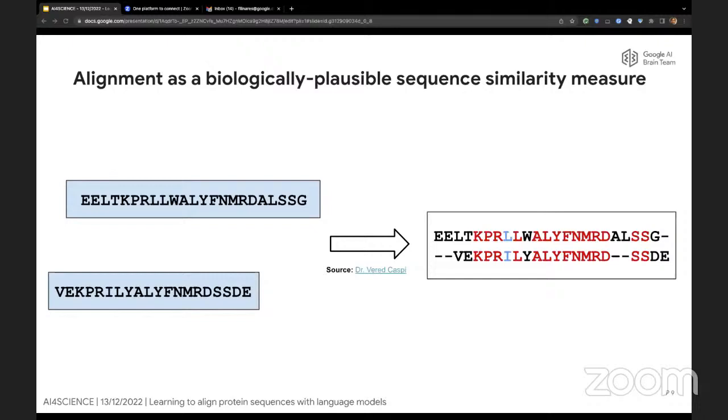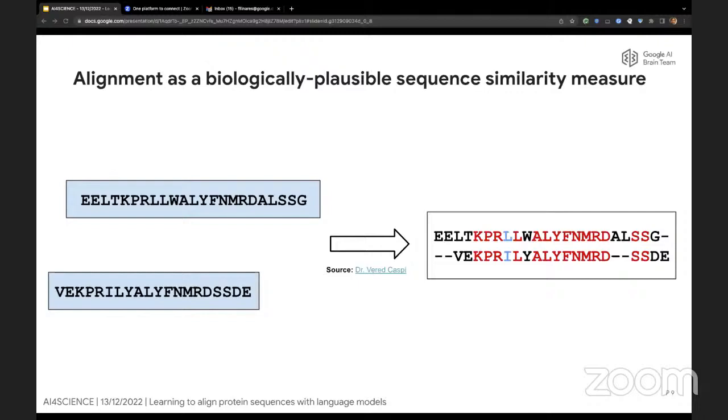Now, protein sequences evolve over time as the genes in our DNA that code for these proteins accumulate mutations. Roughly, these mutations can be substitutions, where one residue, like one letter in the sequence, changes to another. They can be deletions, where a part of a sequence is lost, or insertions, where a certain subsequence is introduced.